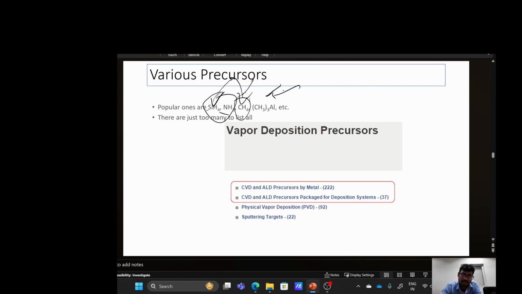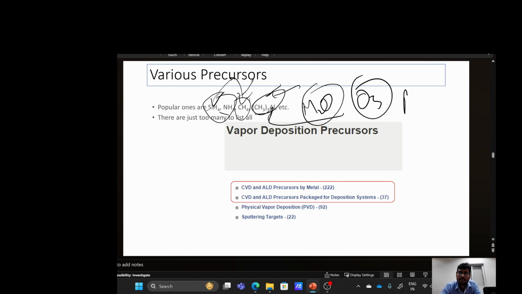If you want to deposit aluminum oxide, you can use H2O or ozone along with trimethyl aluminum to grow Al2O3. Or if you want to deposit aluminum only, you can use these kinds of precursors.